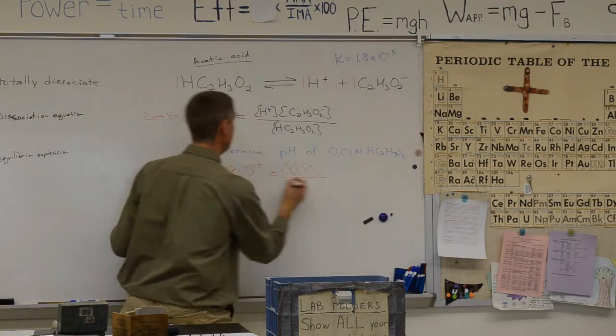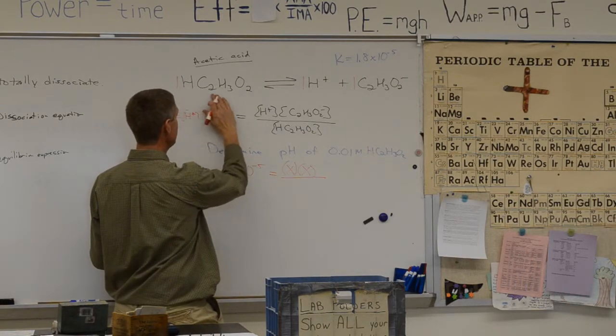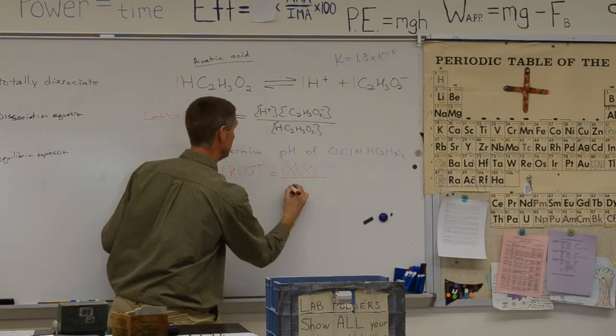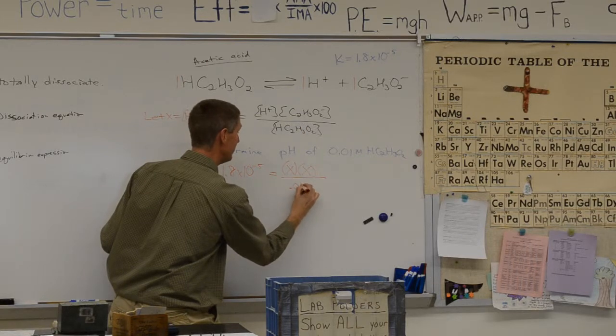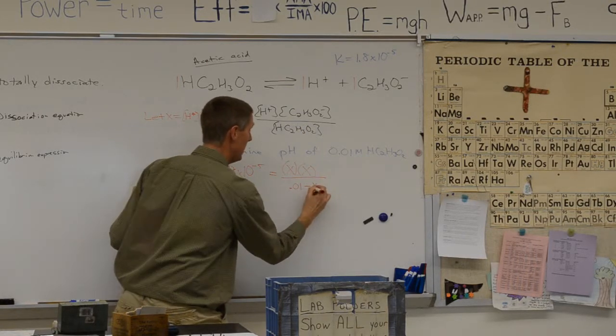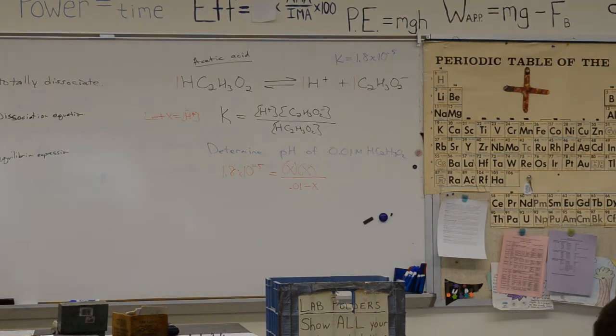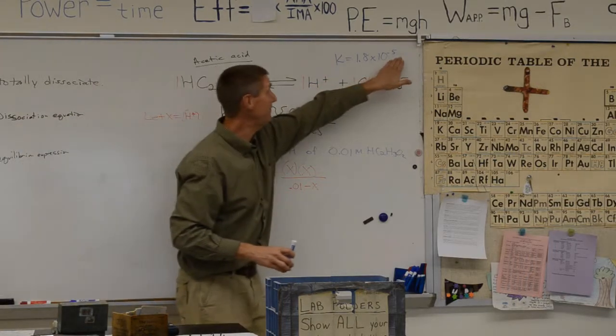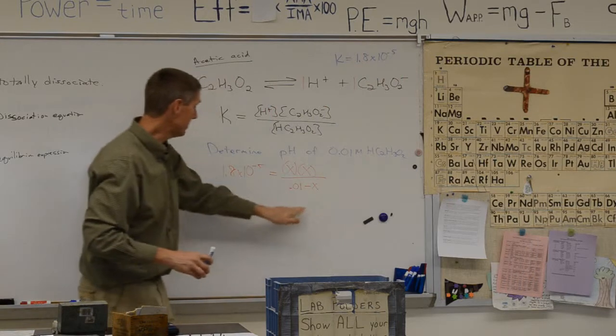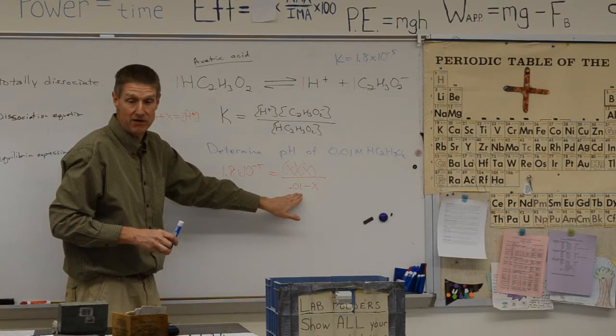So what is my HC2H3O2 concentration? Well, it started off as 0.01, but we know that X amount broke apart. If we stop and solve from here, we're going to have to use the quadratic equation. But we don't have to, because our K is to the negative fifth power, whereas our concentration is to the negative second power.